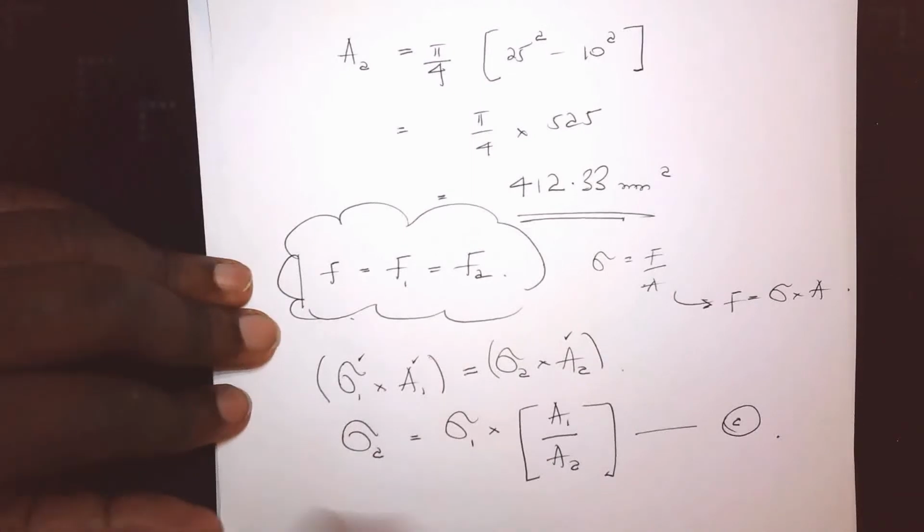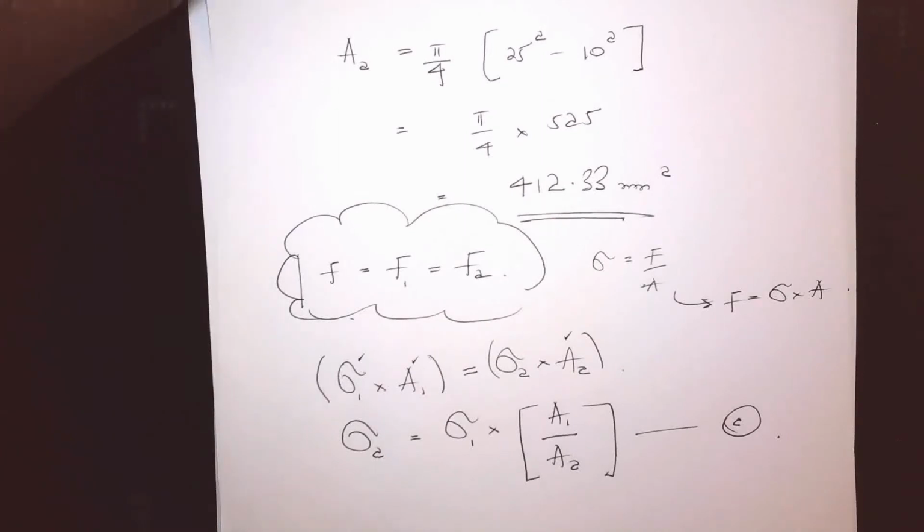So we can use this relationship to calculate the stress in the hollowed section of the step bar. So stress in hollowed section, so that will be section 2.